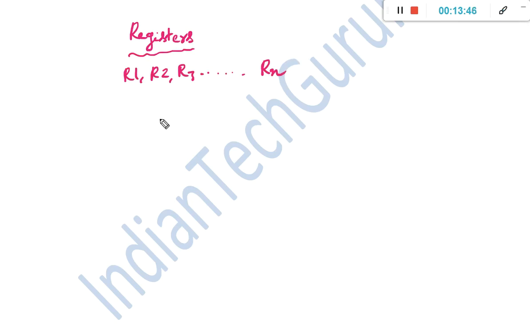Like this, several registers will be there, and these registers are generally called general purpose registers.